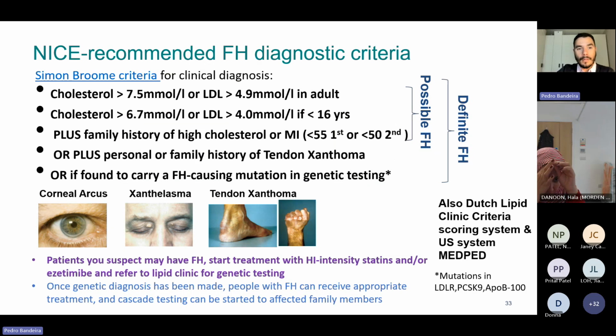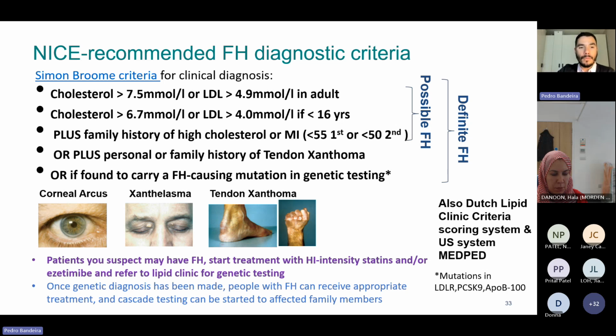The most important thing to know is that the Simon Broome criteria are what is recommended for diagnosis. Normally, if patients have total cholesterol above 7.5 or LDL above 4.9, plus family history, which is very important to ask patients, then they might be probable FH, and they'll benefit from a lipid clinic referral.